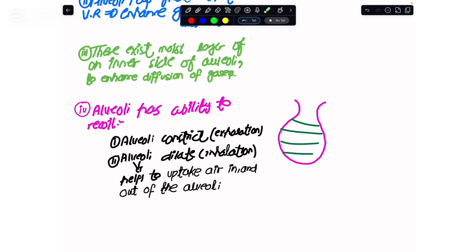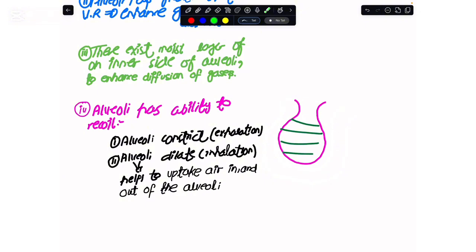They allow the alveoli to expand during inhalation and to constrict or move inwards during exhalation, which regulates the uptake of inhaled air and the outtake of exhaled air, and also helps maintain the concentration gradient between them and the surrounding blood capillaries.